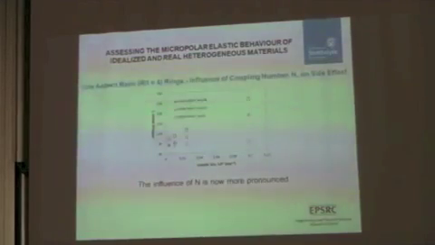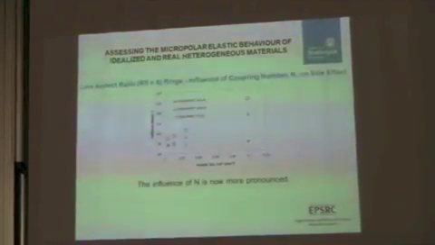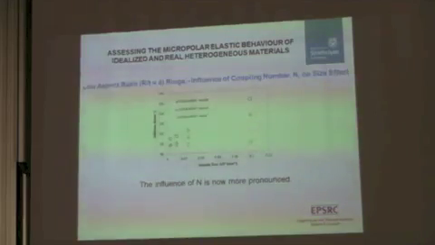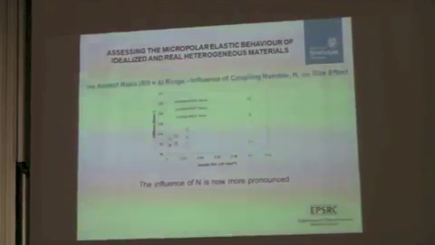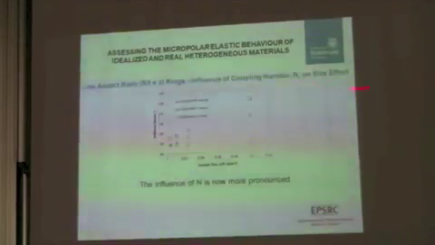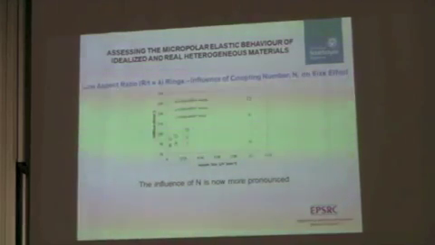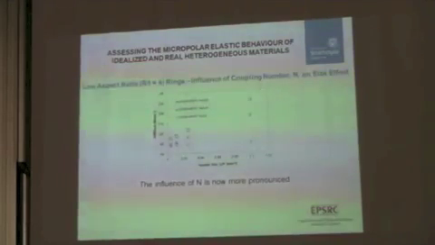However, if we move to the less slender set of samples, the set of ring samples I had at the top of my photograph of all our samples, we see that the effect of coupling number is more significant. Here I've got the coupling number set to 0.15, and we can now discriminate between the couple stress case, given by the squares, and the genuinely micropolar case with coupling number 0.15, given by the triangles.